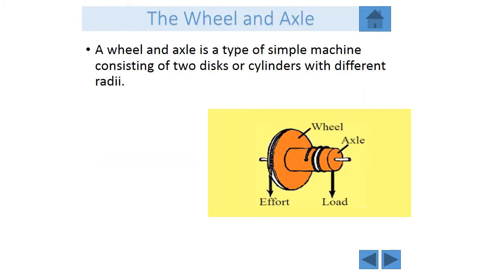Another example is the wheel and axle. A wheel and axle is a type of simple machine which consists of two discs or cylinders with different radii. The image below is an example of a wheel and axle and how it operates.